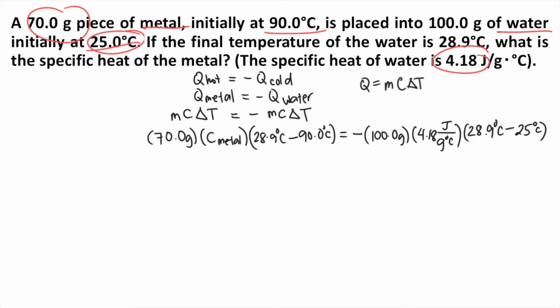Okay, now let's simplify the equation. Let's copy 70.0 grams times C of metal.